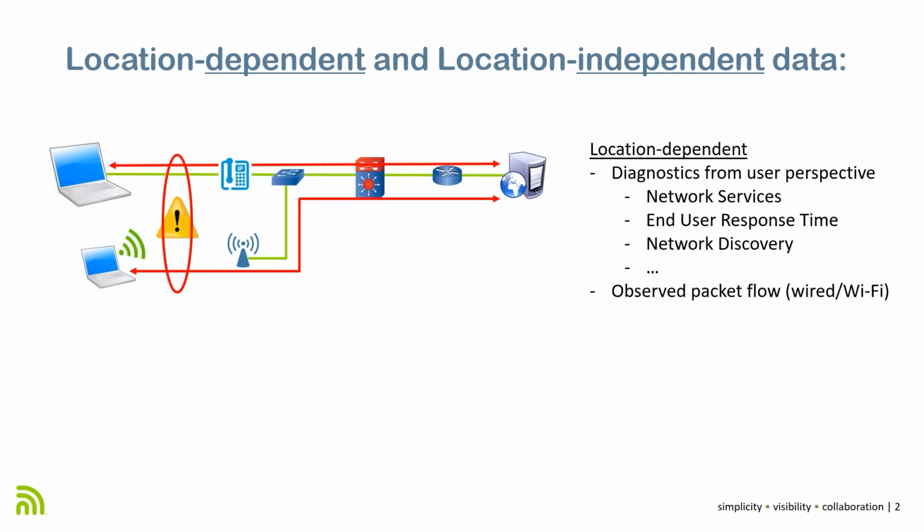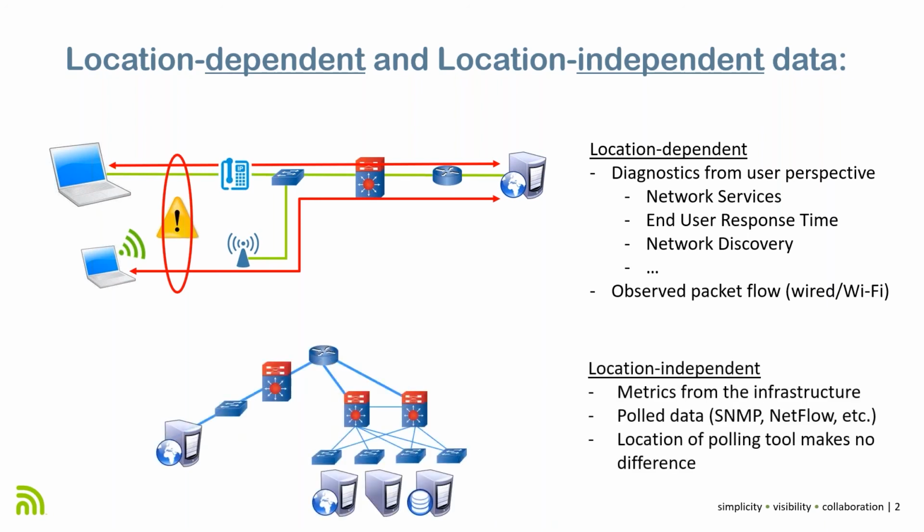But out at the site where the user is, oftentimes there are going to be problems, like Tim was suggesting around a VLAN, that cannot be identified from that central location. So that's why this combination of location-dependent and location-independent metrics and diagnostics is necessary.